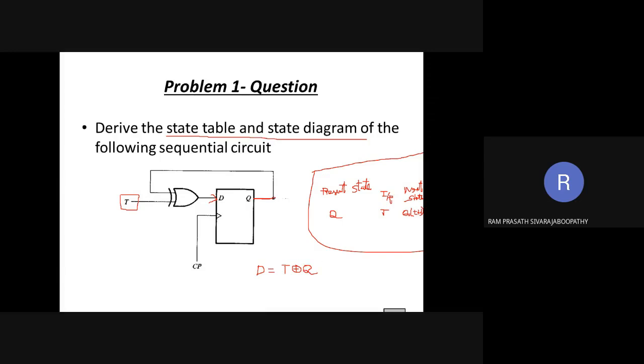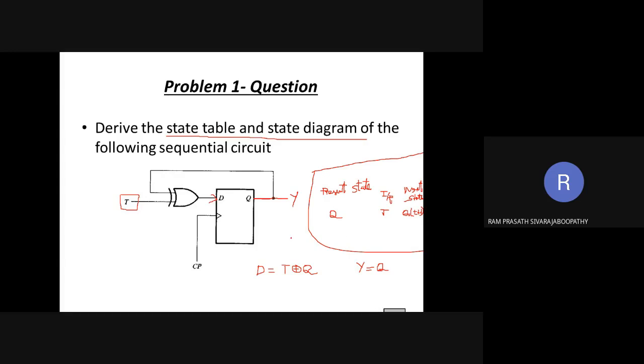Here I don't have any outputs. Suppose if I am mentioning this output as Y, what I can say? Y is equal to Q. That's all. புரியுதுங்களா நான் சொல்றது? Yes. Okay.